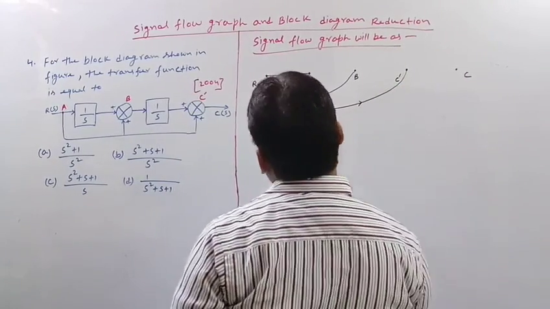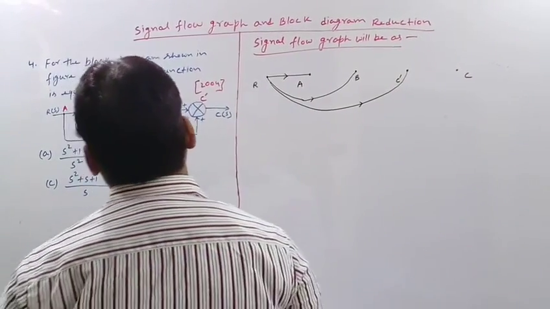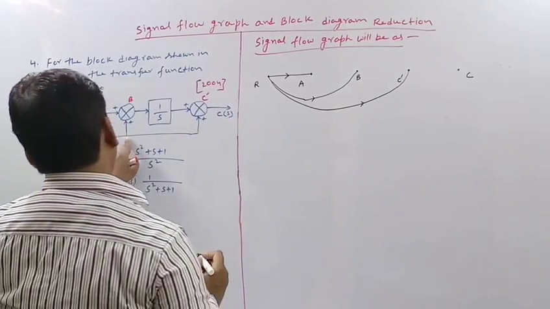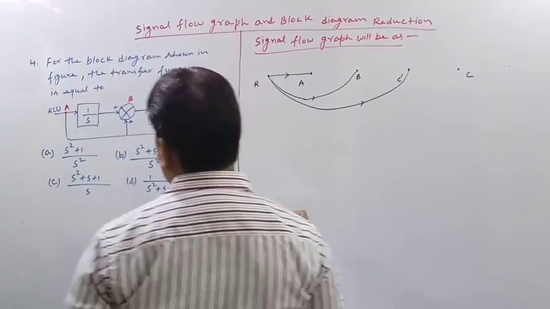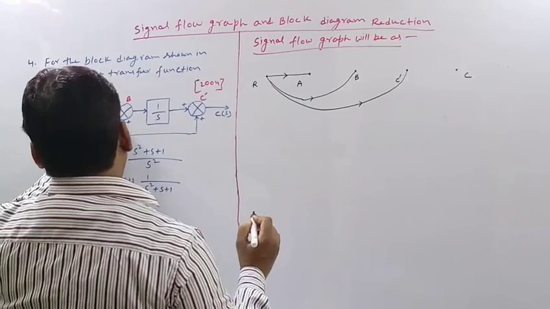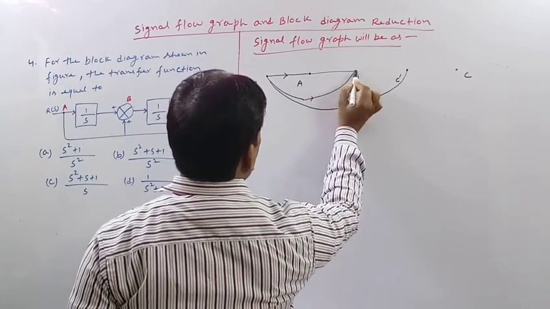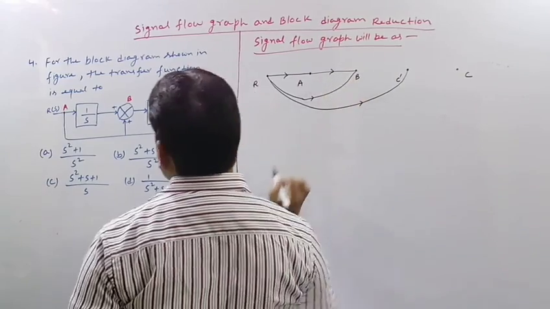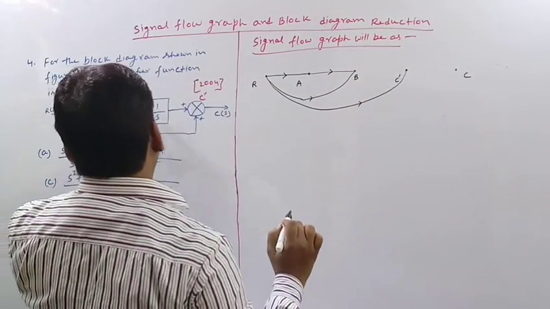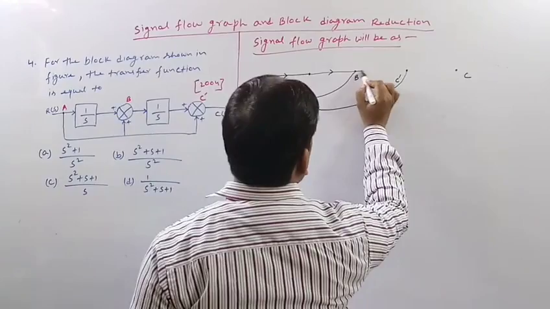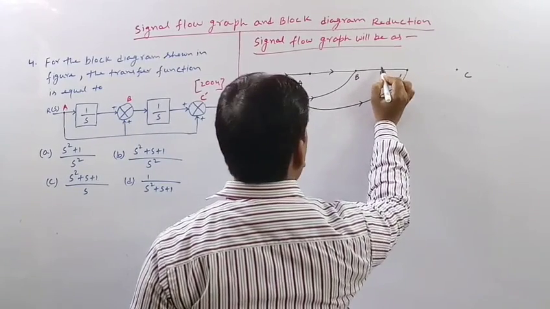So I think there is no need of this point D. Now from A to B we have to join between A and B. Now from B to C dash we have to join between B and C dash.